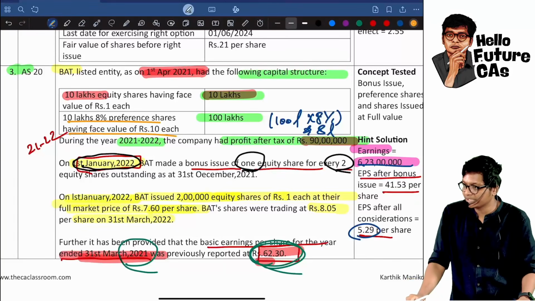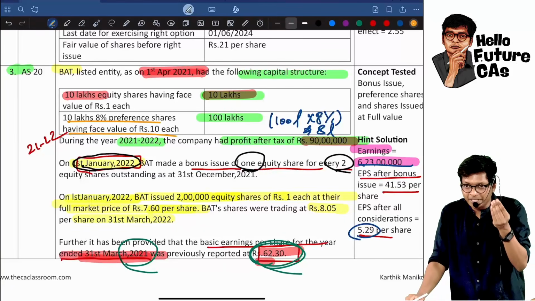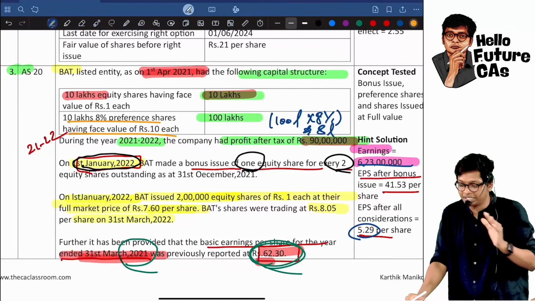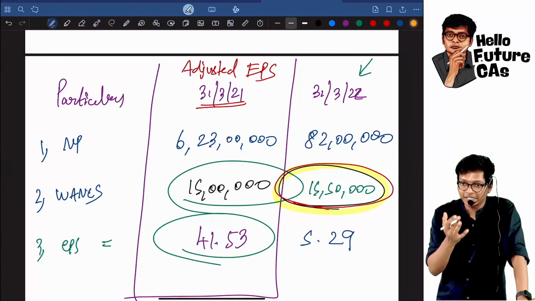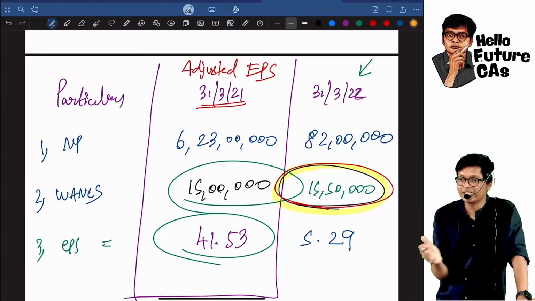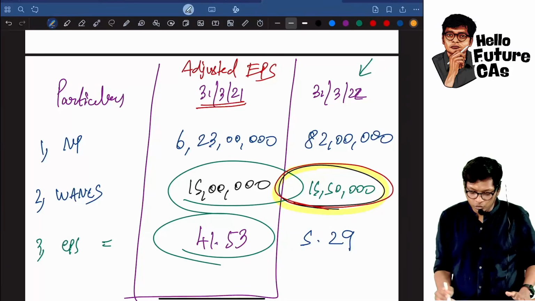Are you following, guys? If you are not reducing, also give a note that we are assuming it's non-cumulative, since dividend is not declared. Or if you have an extra 1 minute, compute both, with reducing and without reducing, and give alternate answers. Are you following, guys? Clear? Understood the question? Any doubts so far?